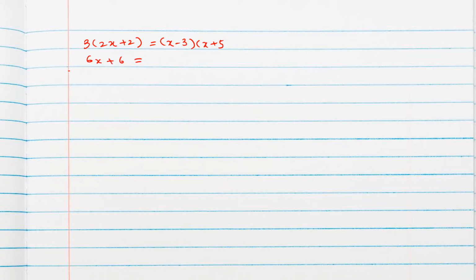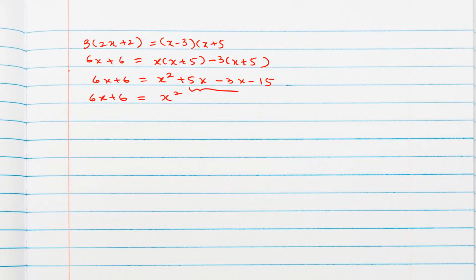Here we can use the distributive property to open: x into x plus 5 minus 3 into x plus 5. We can write 6x plus 6 equals x square plus 5x minus 3x minus 15. Now like terms we can add, 5x minus 3x.